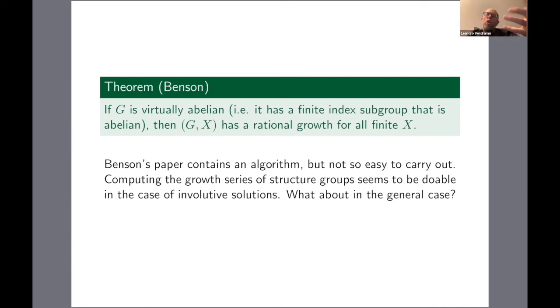The case of involutive solutions is quite easy. This is not hard. The hard case is the general solutions, arbitrary non-involutive solutions, right? I don't know which is the combinatorics behind this problem, but it seems to me that it is quite challenging. I think that this is the last slide that I have.